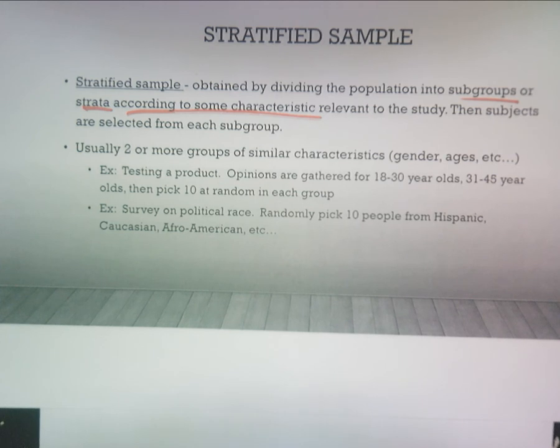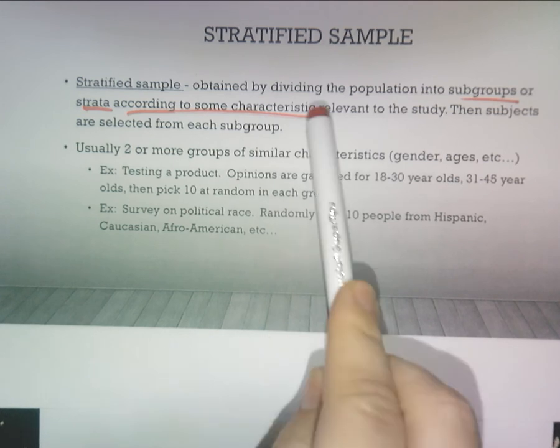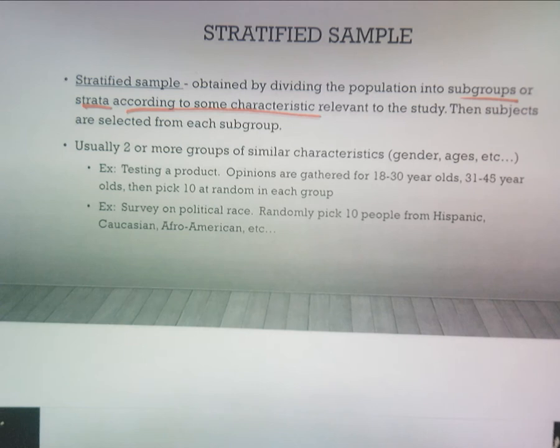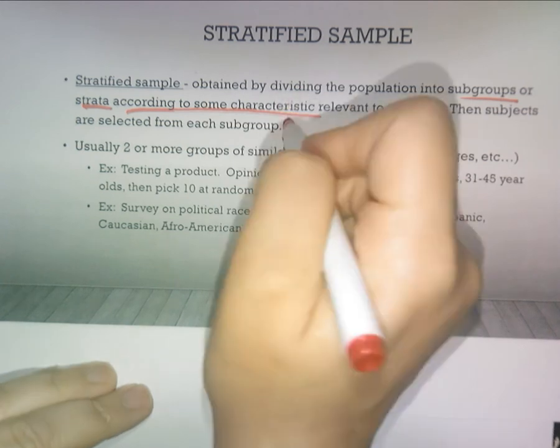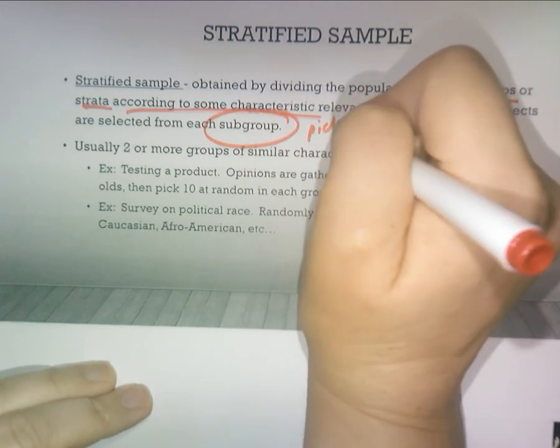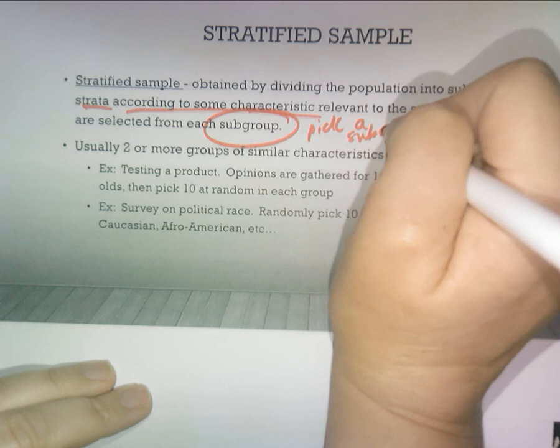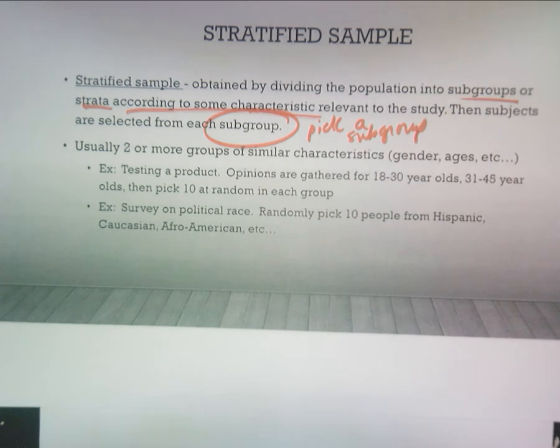Can you see that? I know it's hard because even me, I have to really break it down when we do an example. But they've got to have some characteristic in common, and then you pick a subgroup. That's important. You pick a subgroup from these groups. You pick a group from the group. That's a stratified for you, okay?